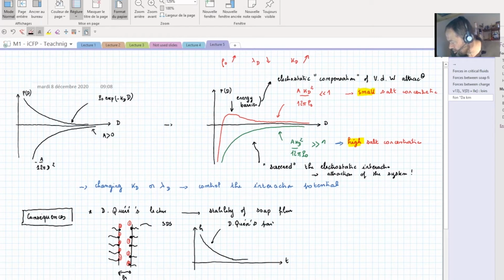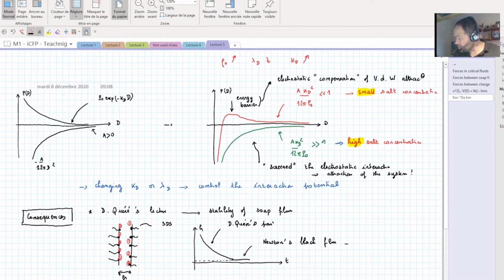And at the end, it will never completely go to zero, because you have this repulsive barrier, which is due to DLVO, and what is called the Newton's black film. And I'm sure that David told you this term. Did he? Yeah, and he showed us some pictures about that, and that was really impressive.